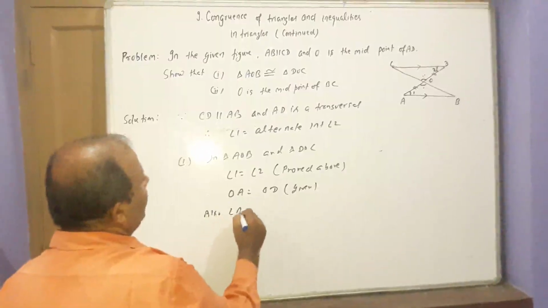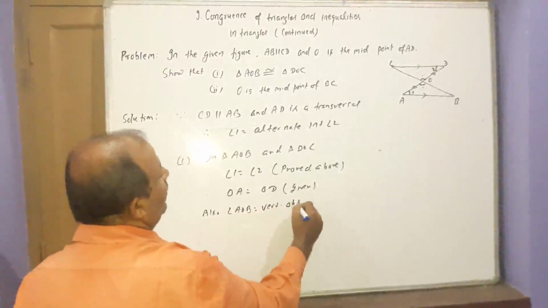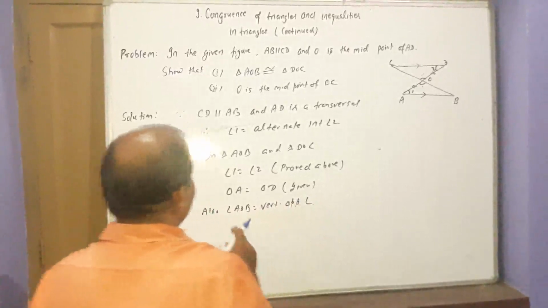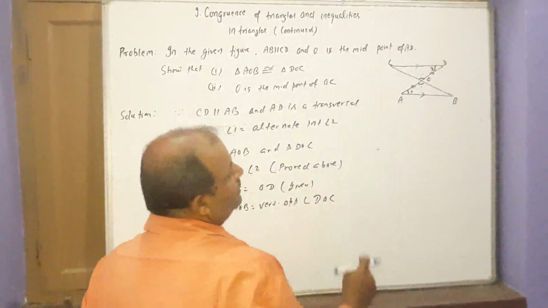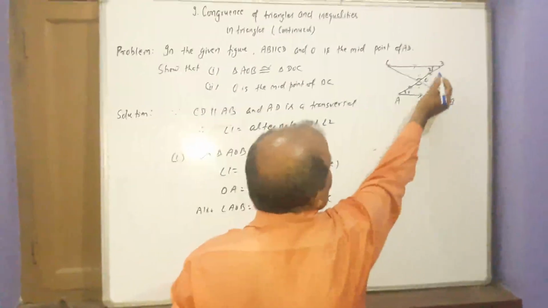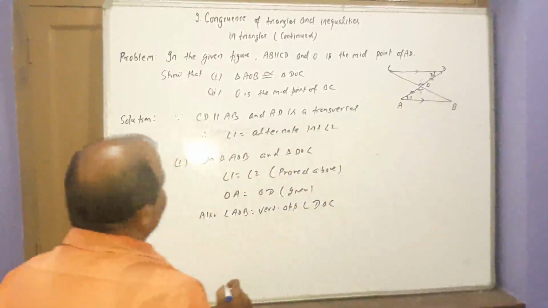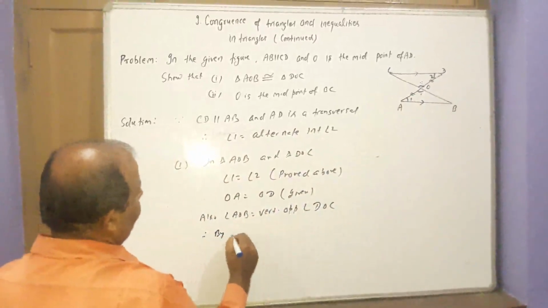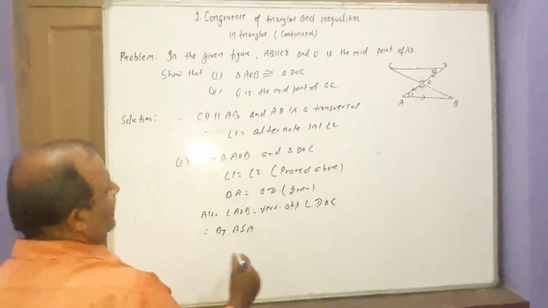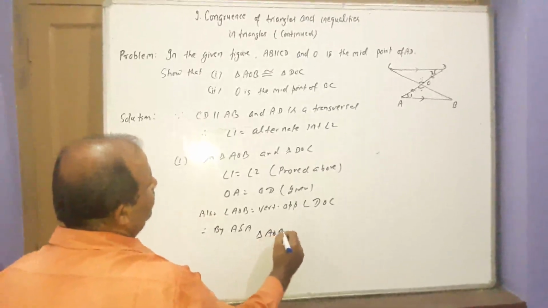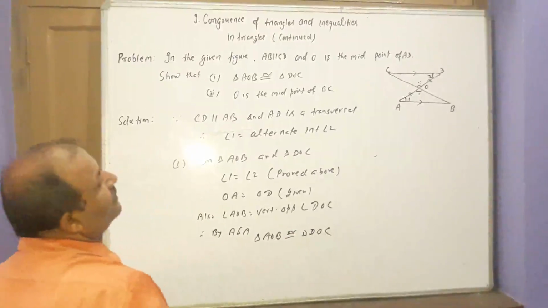Also, angle AOB is equal to the vertically opposite angle DOC. These two are vertically opposite, and therefore by ASA, angle side angle, triangle AOB is congruent to triangle DOC.